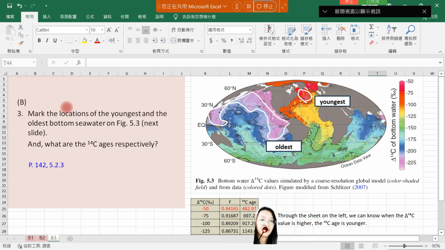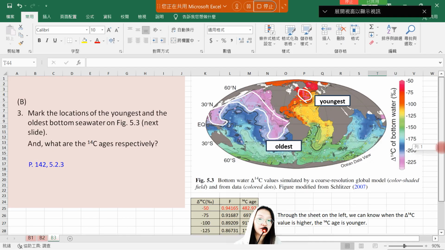Question 3 is we have to mark the location of the youngest and the oldest bottom seawater on figure 5.3. And what are the 14C ages, respectively? In question 1, we just calculate the 14C age from its delta 14C value. So we can just calculate this, minus 15 to minus 225.